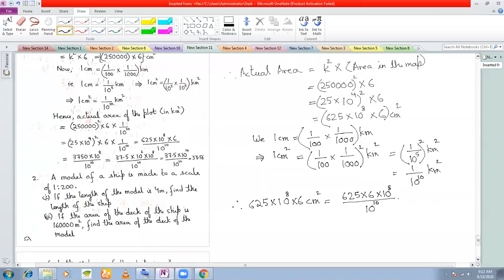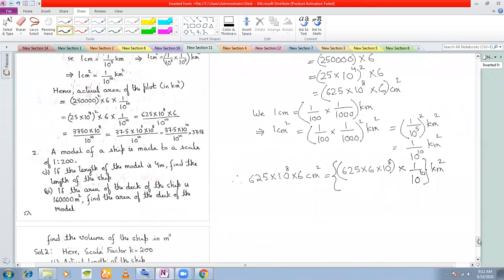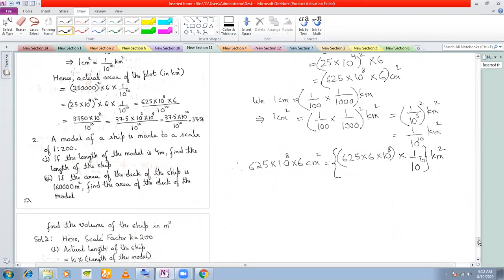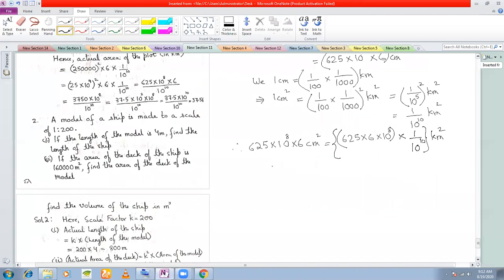Okay, or you can write this: if you could not understand, then this much into this into 1 by 10 to the power of 10. Okay, this much kilometer square. The actual area that we got in centimeter square, we have converted to kilometer square.